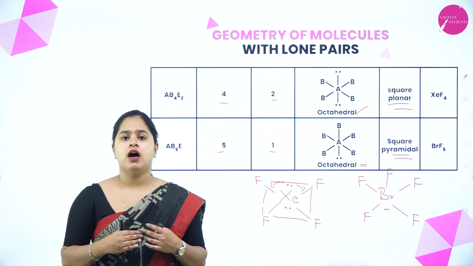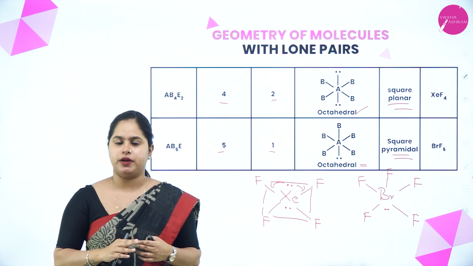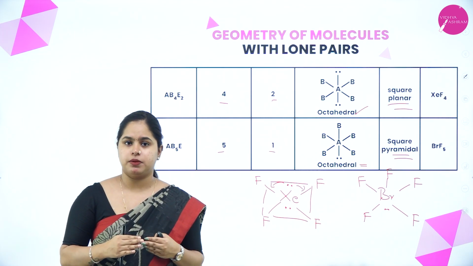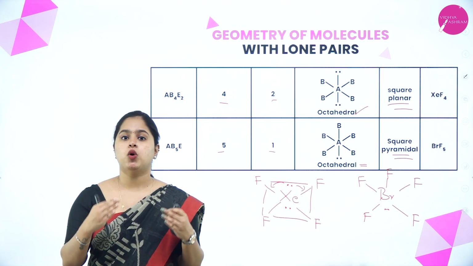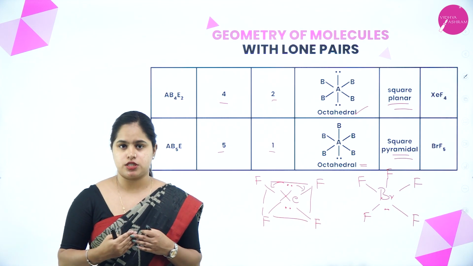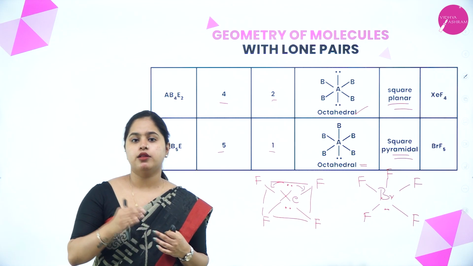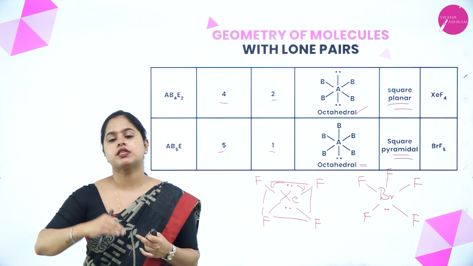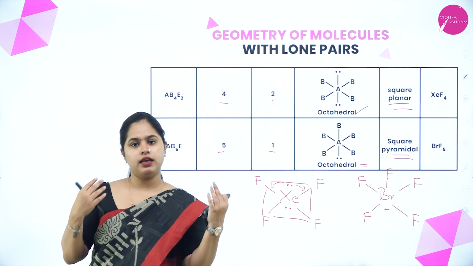Then we studied different scenarios where lone pairs are also present. Even though the geometry will be the same, the shapes become different due to the lone pair and lone pair bond pair interactions. As I said, the lone pair repulsions are more than the lone pair bond pair repulsions, which are greater than the bond pair repulsions. The molecules are attaining different shapes.